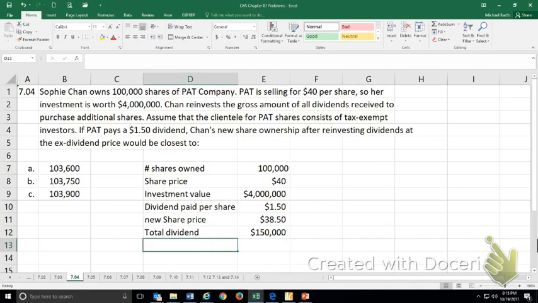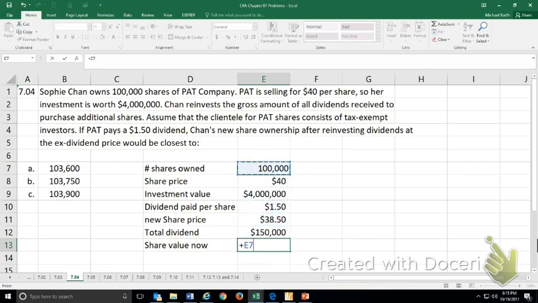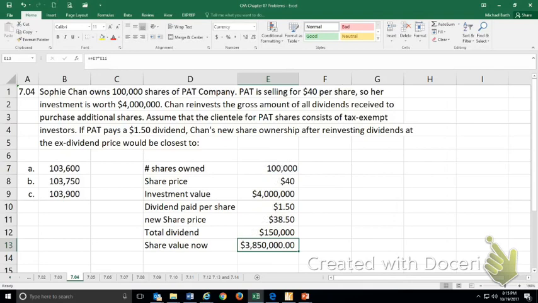So her share value now would be 100,000 shares times $38.50. So her shares are now only worth $3,850,000, but she also has $150,000. So she still owns $4 million worth of stuff.